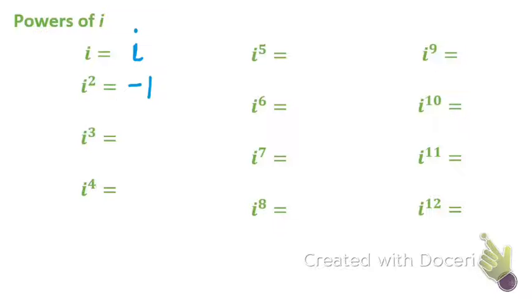And then after that, you can kind of reason through it a little bit. i to the third is the same as saying i times i squared.